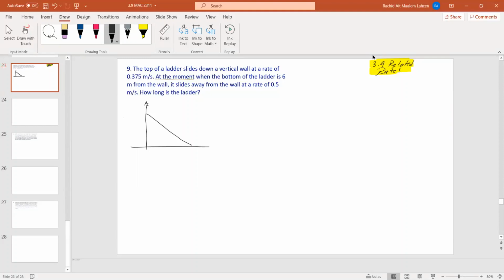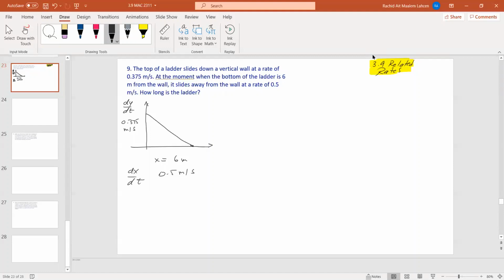So yeah, if we put these, it's going to be negative, 0.375 meter per second, at a moment when the bottom of the ladder is 6 meters from the wall. It slides away from the wall at a rate of 0.5 meter per second. So that's the dx/dt. So here dy/dt, and this is the dx/dt, right?